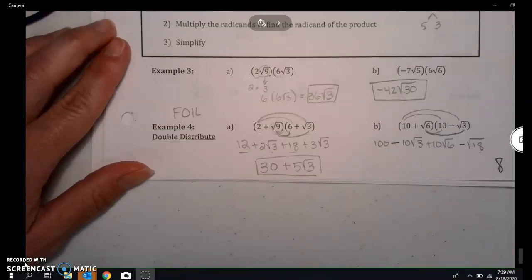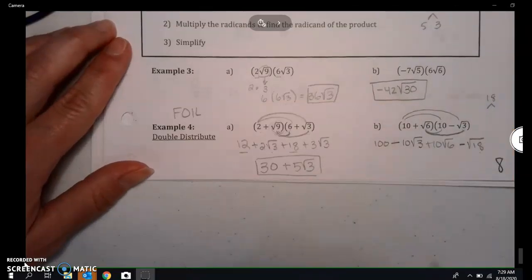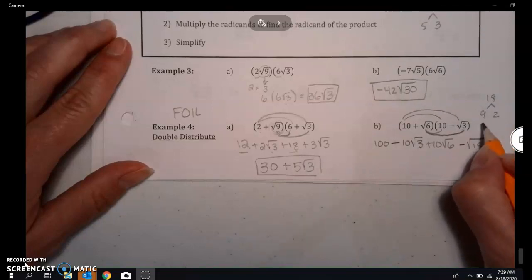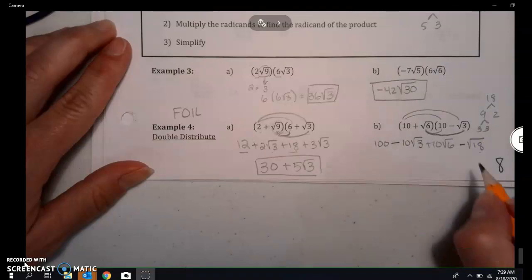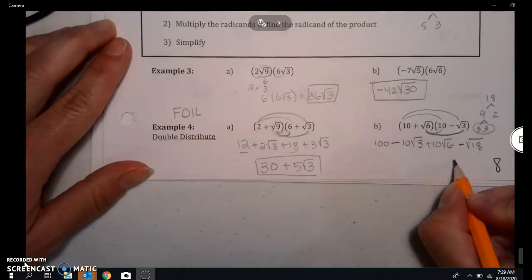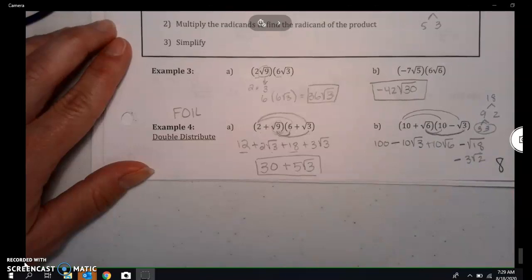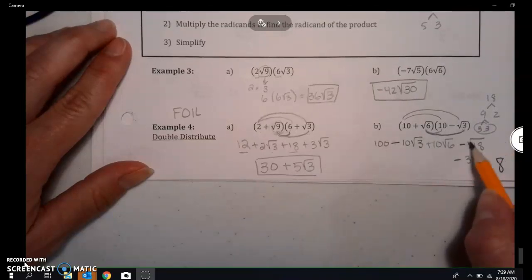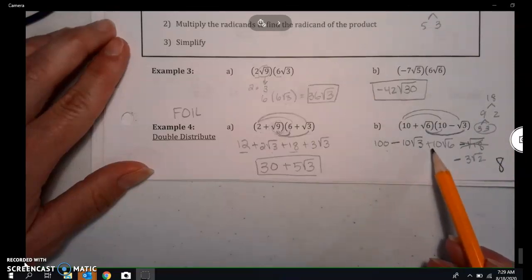Okay, however, 18 is not fully simplified. If we took 18 and broke it down into a product of primes, we'd have 9 times 2. 9 is 3 and 3. So really, rad 18, since this is a twin, you would have minus 3 rad 2. Okay, so this would actually break down, so I'm going to get rid of that. Alright, so now we're going to look again for like terms. We have 100 minus 10 rad 3 plus 10 rad 6 minus 3 rad 2.